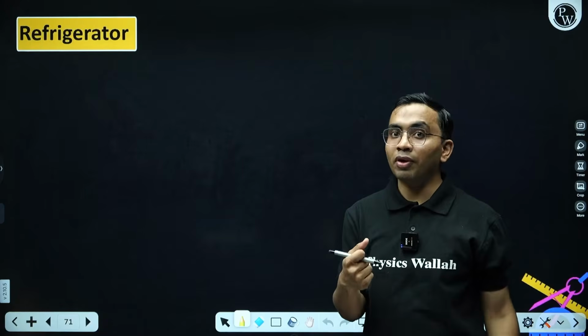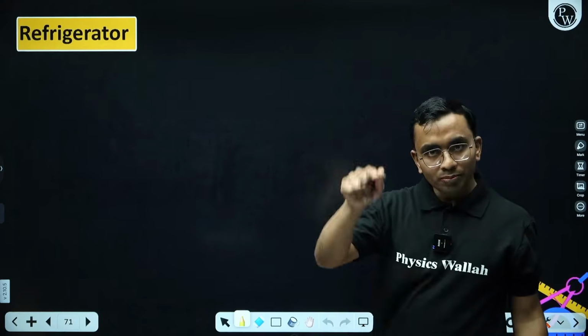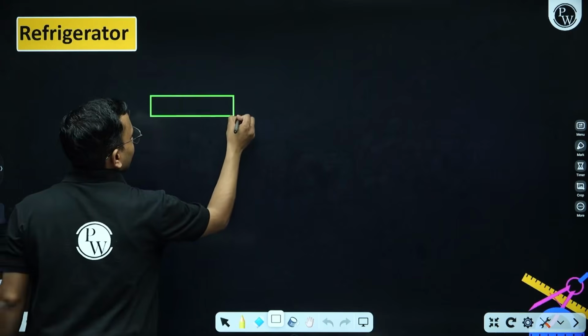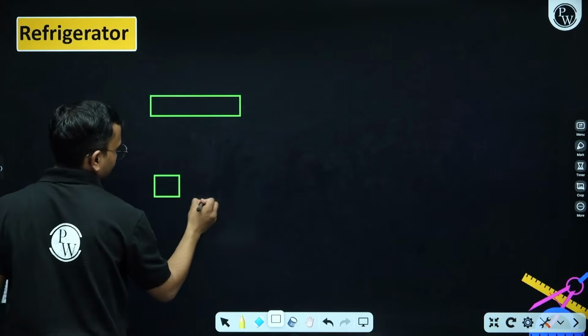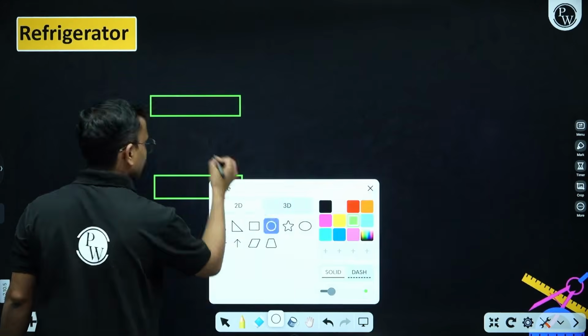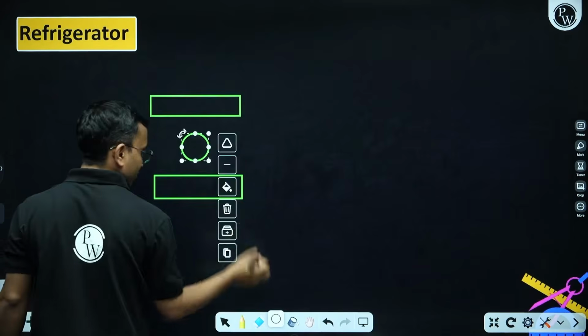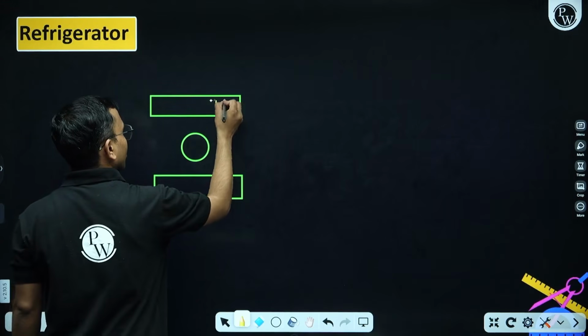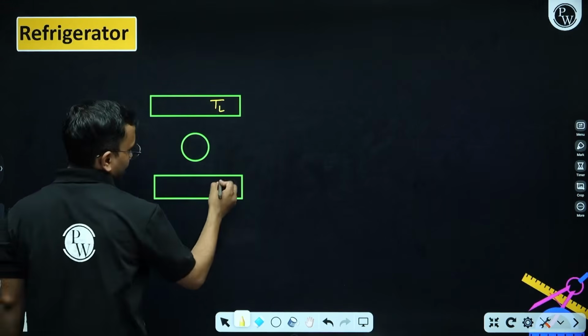So when is it possible? When you do some external work. Let us represent the refrigerator. So this I am taking as T low. This is my T high.